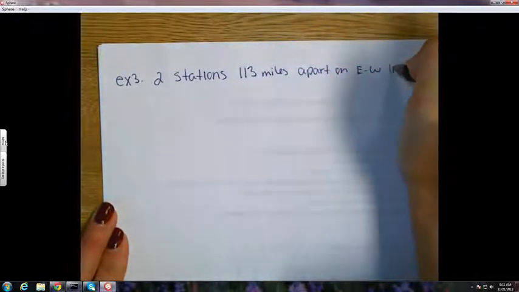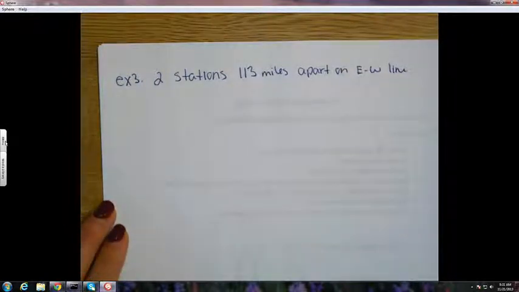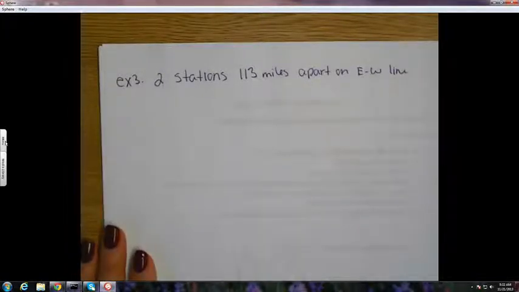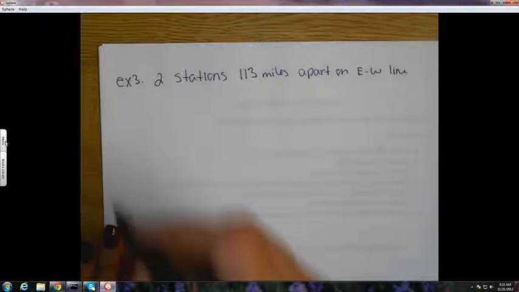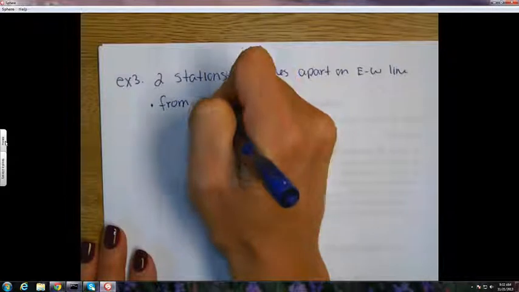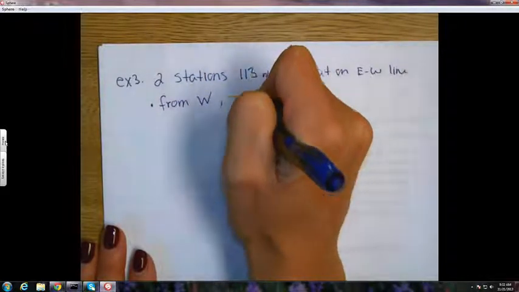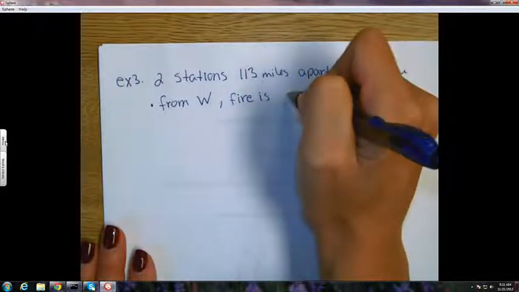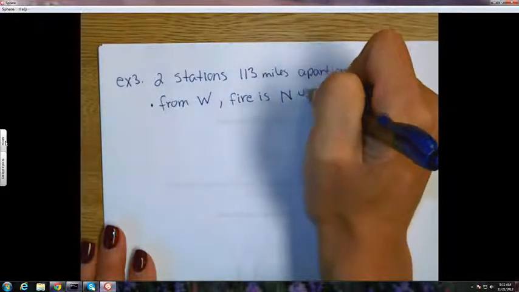Okay, we've got two stations that are 113 miles apart on an east-west line. A large forest fire is located on a bearing of north 42 degrees east from the western station. So from the western station, the fire is north 42 degrees east.